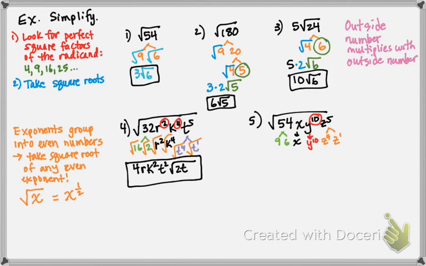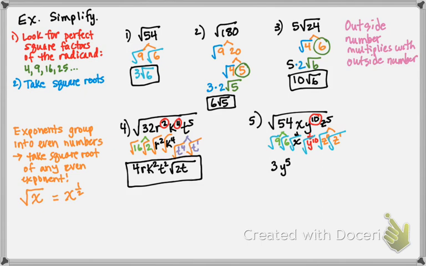So here we go. We're going to have a big old square root party. We're going to do the square root of 9, square root of 6, square root of y to the 10th, square root of z to the 4th, and square root of z. So let's see what comes out. Perfect square, square root of 9 is 3. Let's see. Square root of y to the 10th. Well, half of 10 is 5.